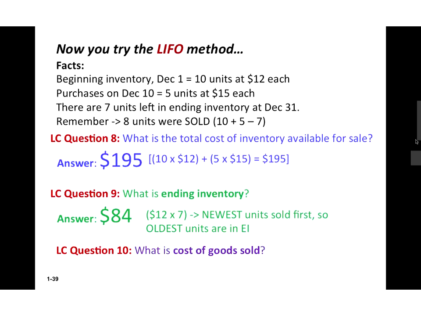Your cost of goods sold is going to be that $195 minus the 84, because that total cost of goods available for sale has to be either ending inventory or cost of goods sold when it's all done. So if you know one, you can subtract to get the other.